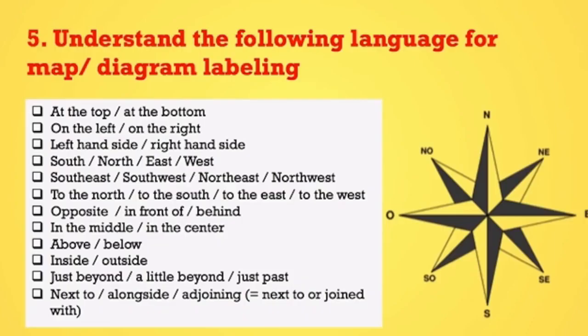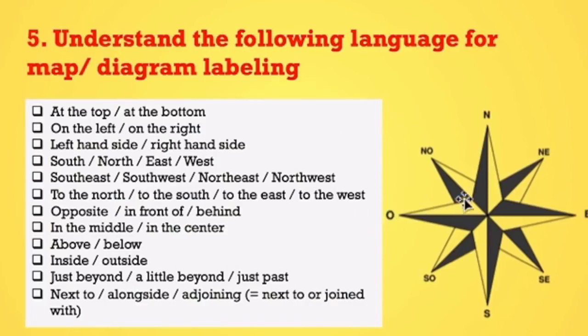Okay, tip 5. Now, tip 5 is to understand the following language for map and diagram labeling. Now, one of these sections may contain an instruction of a map or a diagram, and you would be asked to label them properly. For these kinds of questions, people generally face difficulty understanding the terms.